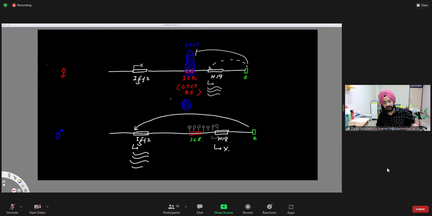The maternal allele should replicate late.